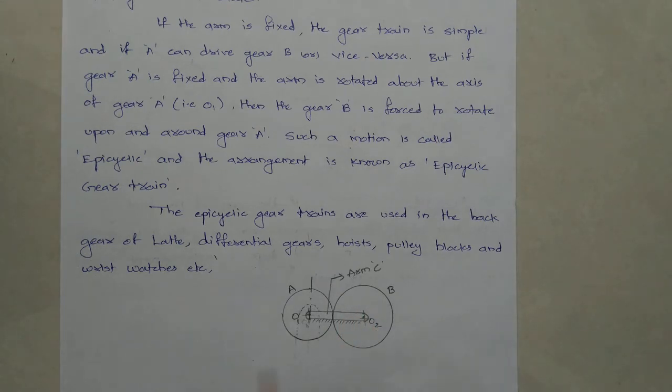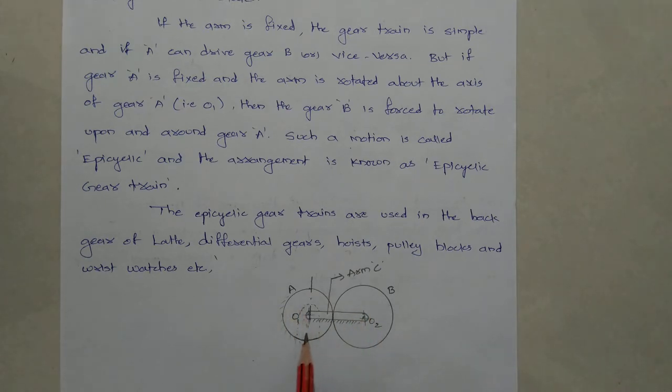But instead of fixing this arm C, if we fix gear A, then what is going to happen? Gear B will be rotating with respect to its center.